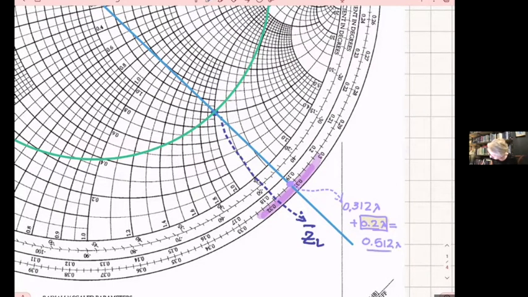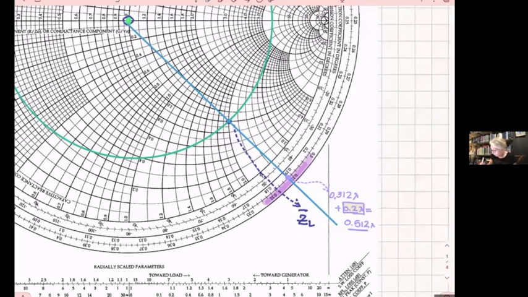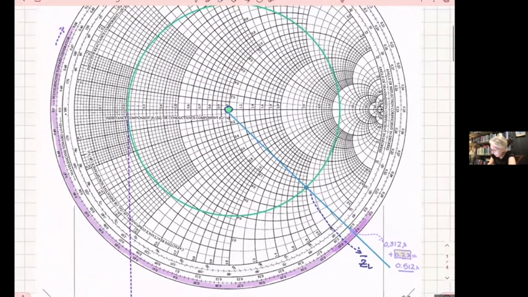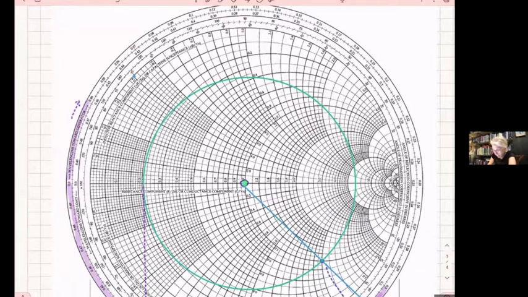I have to go here. To go there, I have to move along this purple circle. I have to move like that. And because it stops at 0.5 and then starts over again, I have 0.5 here, and then I need 0.012 more beyond that.